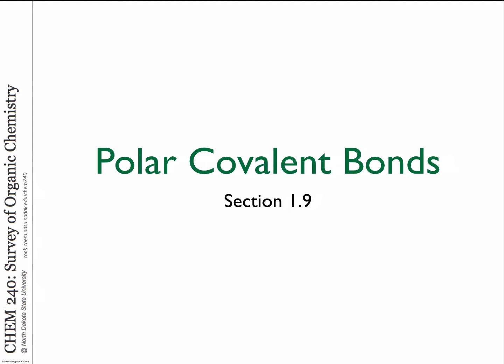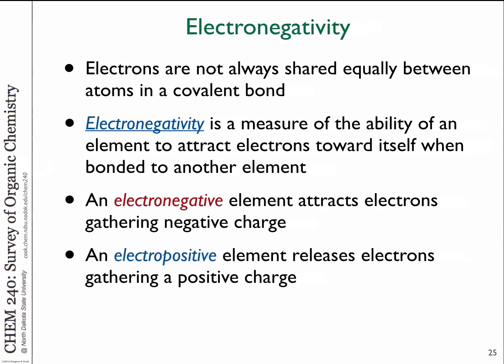Now let's talk a little bit more about covalent bonds. We've seen a number of different covalent bonds, and if you have a covalent bond between two atoms that are exactly the same, like hydrogen, for example, H2 or F2, those atoms being identical means that the nucleus is pulling on, attracting those electrons in equal amounts.